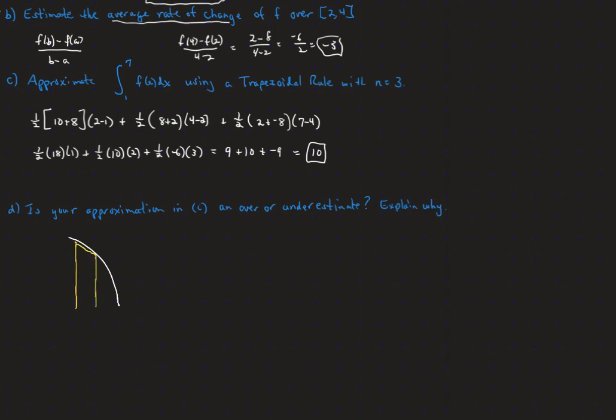I think you can see that we are going to be missing little spaces as we do that. So our answer is that this is an underestimate, and the reason is because f is concave down. It has nothing to do with increasing or decreasing. That applies to rectangles, but the trapezoidal rule will be an overestimate or an underestimate depending on its concavity. All right, very good.